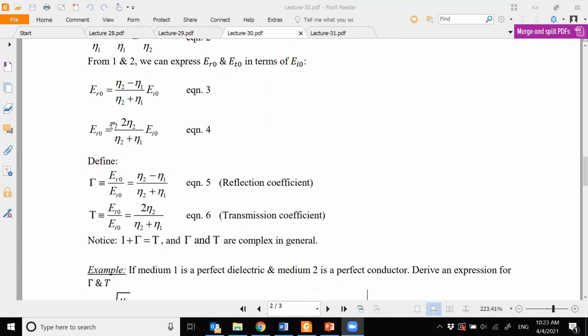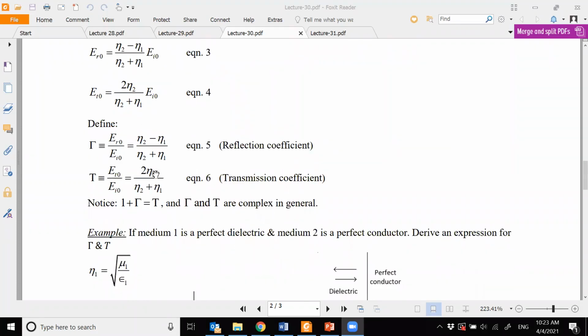Similarly, this one is called the transmission coefficient. In the book, we usually use tau, and the reflection coefficient is uppercase gamma. But in my notes, I'm using capital T just to make it more clearly visible.